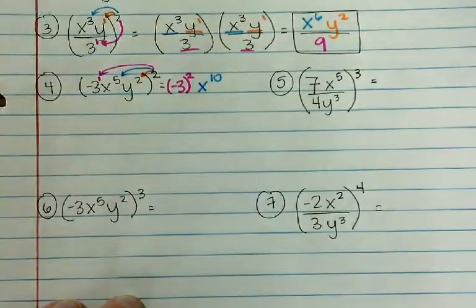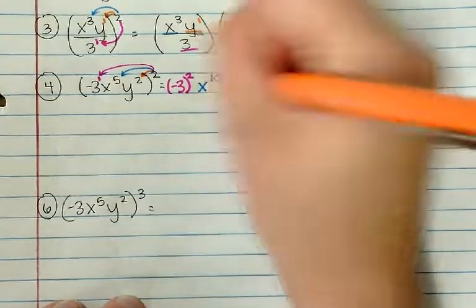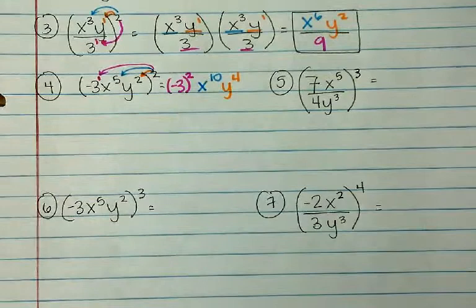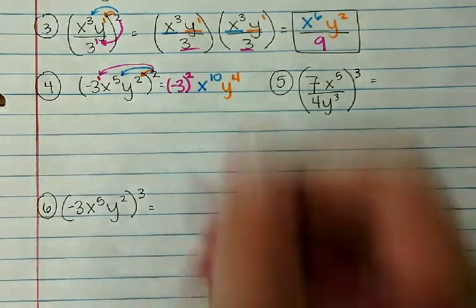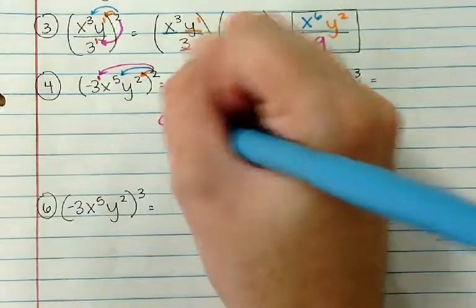So negative 3 squared, what is that going to give me? It's going to give me a positive 9 x to the 10th y to the 4th. So our final answer is positive 9 x to the 10th y to the 4th for number 4.